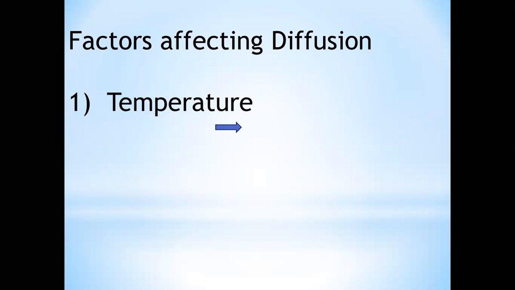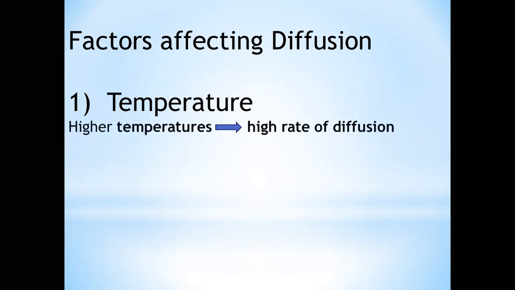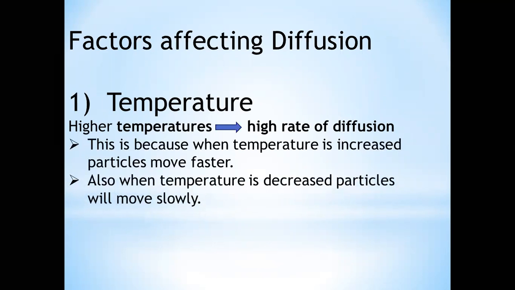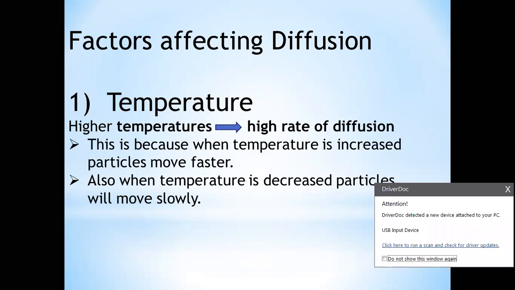What happens to diffusion when temperature changes? What we know is that the higher the temperature, the higher the rate of diffusion. So what really happens is that temperature increases the rate of diffusion by making the particles gain more kinetic energy.